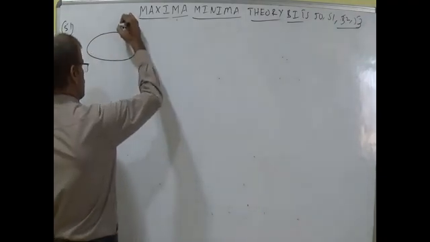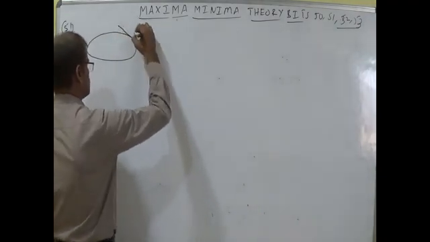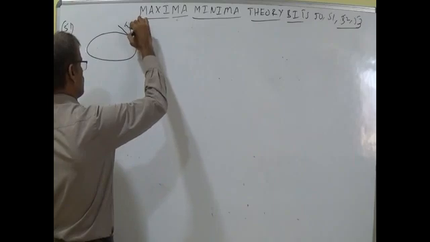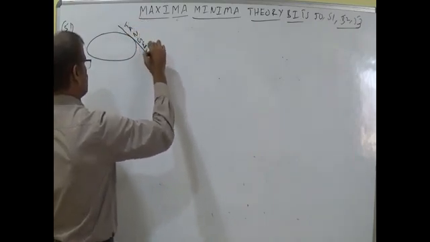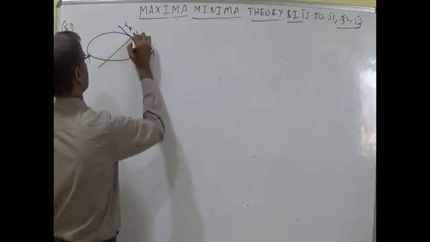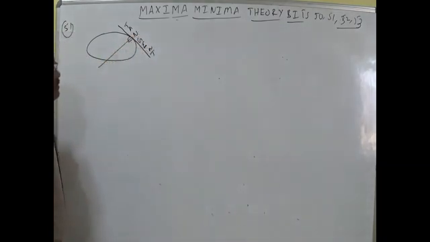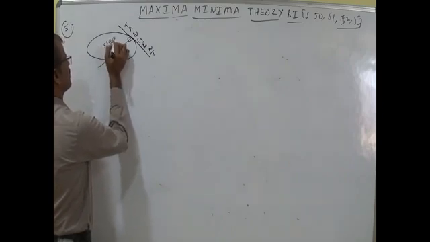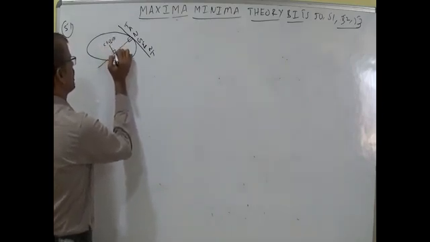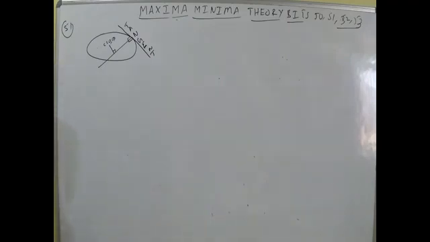Let us draw. This is the tangent, this is the normal, this is the center, indicated with the letter (0, 0). You should calculate the perpendicular distance.